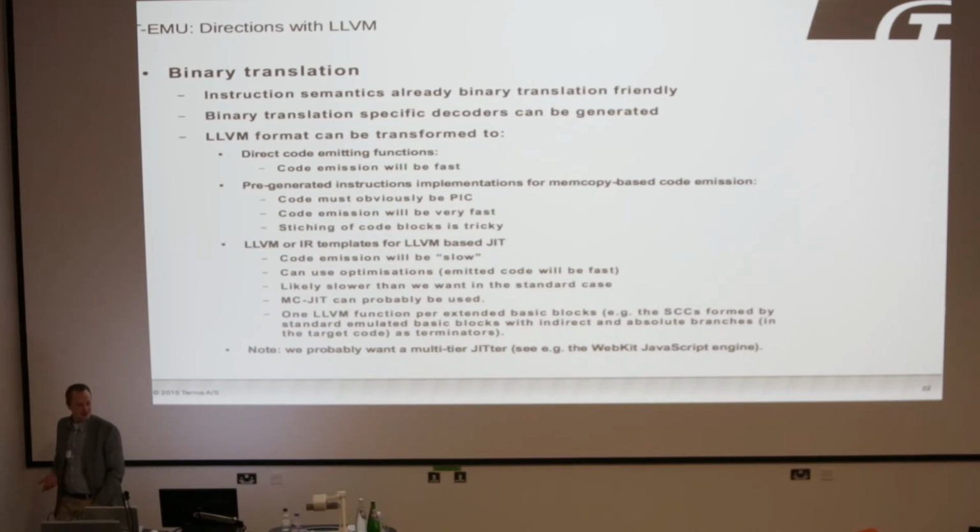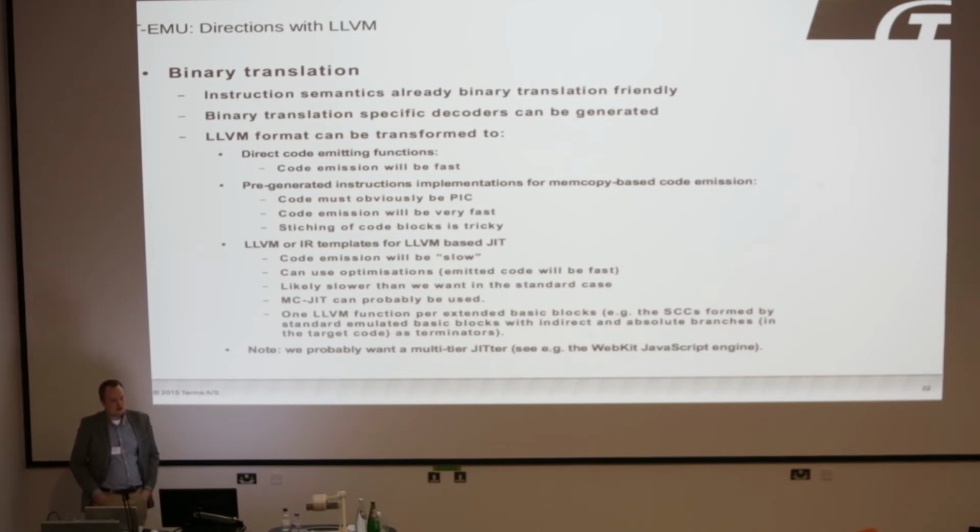Anyhow, I mentioned binary translation, and we're moving there. Since we have all the instructions in LLVM assembler, they're already binary translation friendly, because you have the machine code jitter, for example. We can also easily generate decoders which are tailored for the binary translators, so the instruction decoders, which is quite nice.